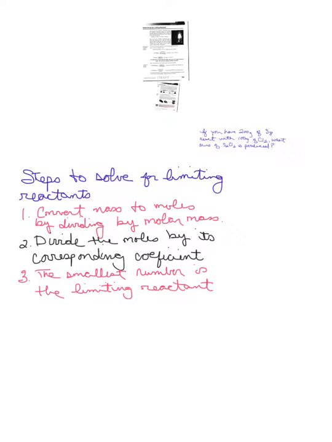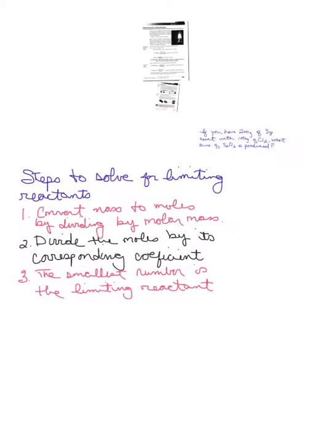So, steps to solve for limiting reactants. Step 1, we have to convert mass to moles by dividing by the molar mass. I'm going to give you an example in just a second, and the steps will make more sense. Step 2 is we take those moles and divide it by its corresponding coefficient from the balanced equation.